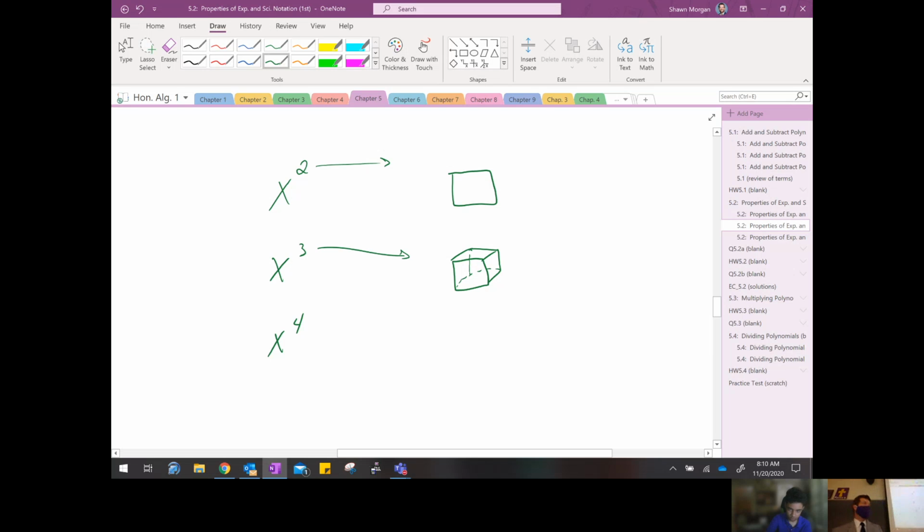What's the volume of a rectangular solid? Length times width times height, right? So that's 3 dimensions. If this cube was x inches by x inches by x inches, its volume would be x cubed. Whereas if this square was x by x, its area would be x squared.